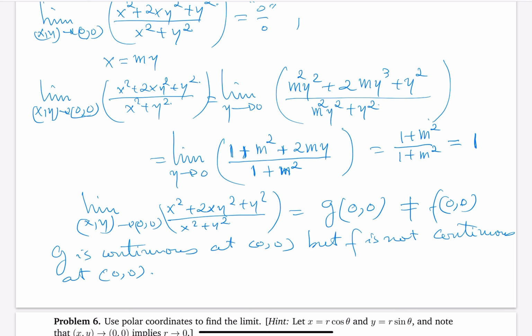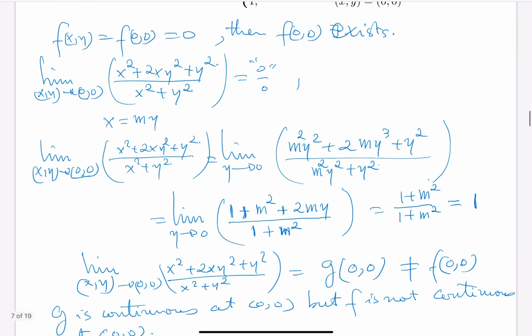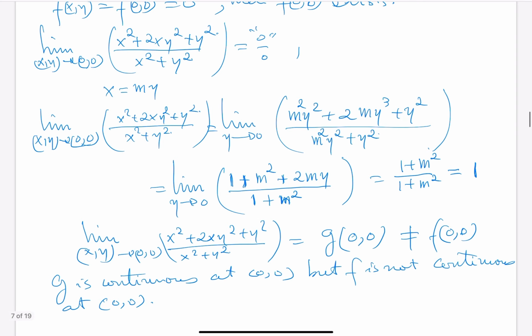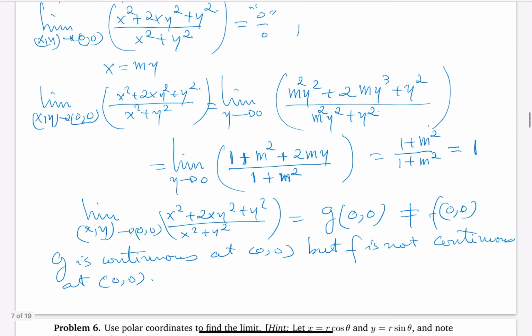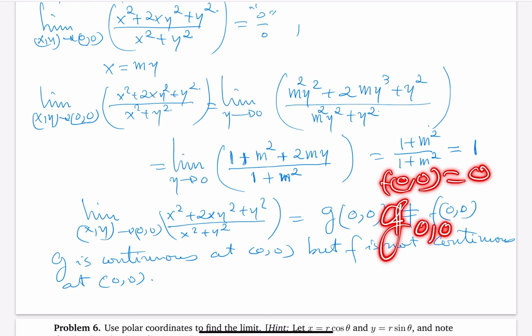But here, the problem: we know f(0,0) is equal to 0 from here. Okay? f(0,0) is equal to 0. And also g(0,0) is equal to 1.